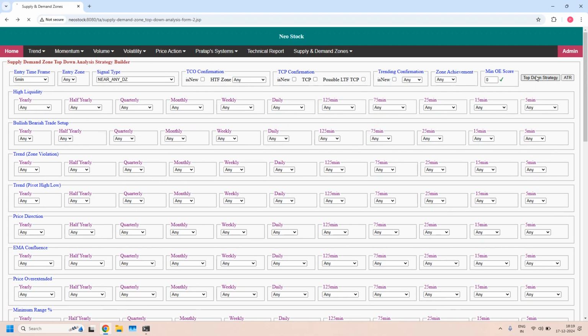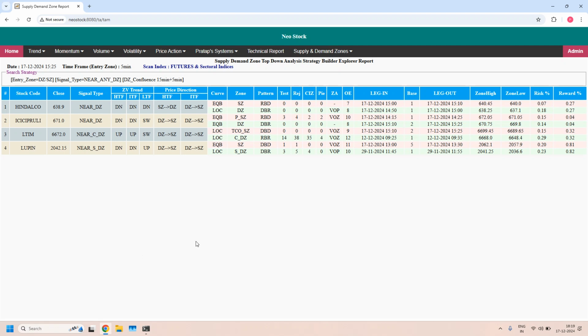With this filter, we got 4 stocks. Out of these 4, the third one is not valid because the demand zone is already pierced. Keep an eye, it is pierced 4 times. That means something is there below this zone.